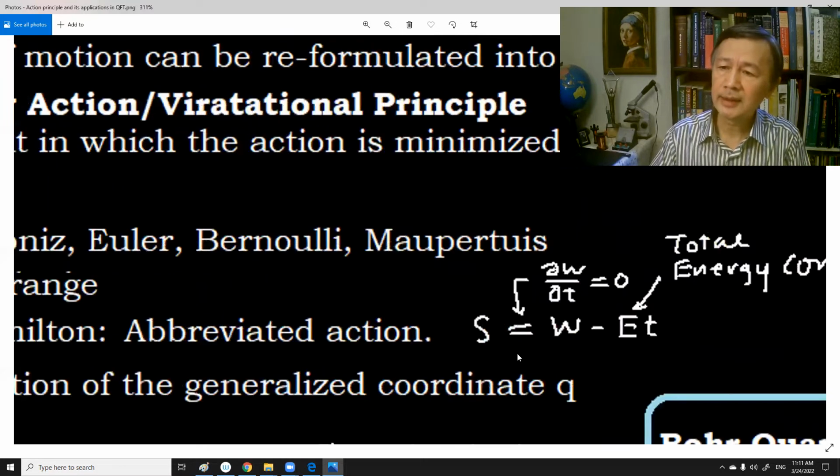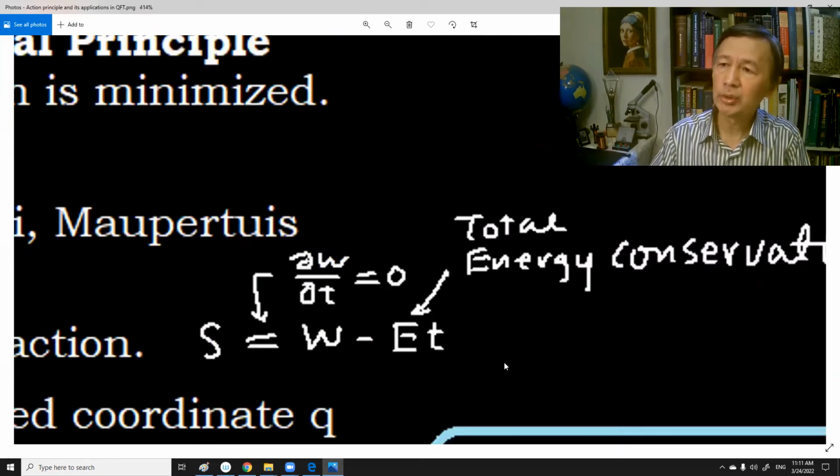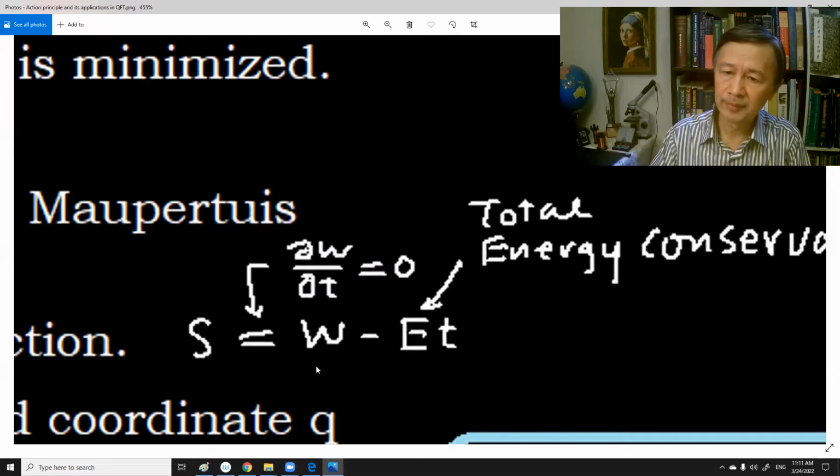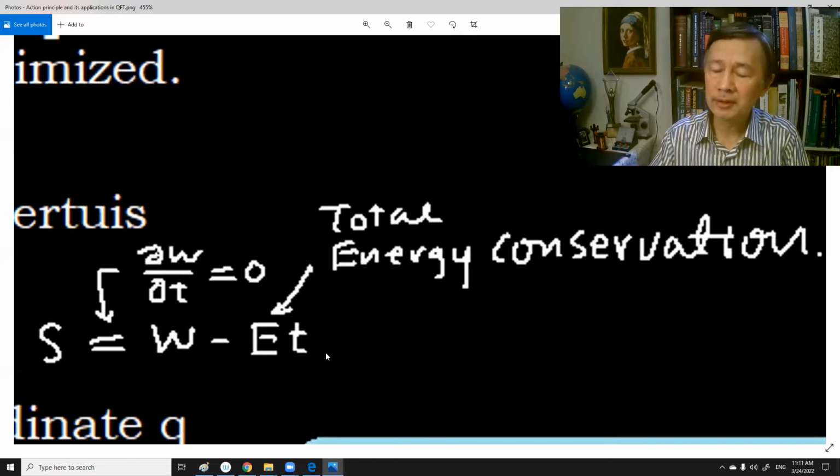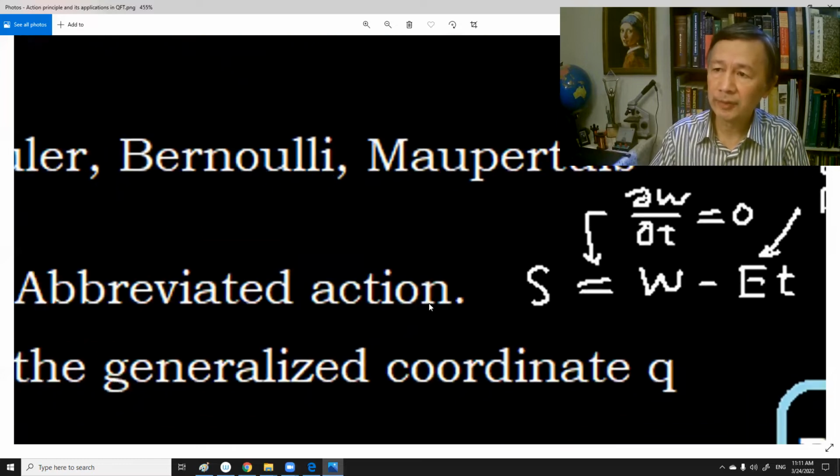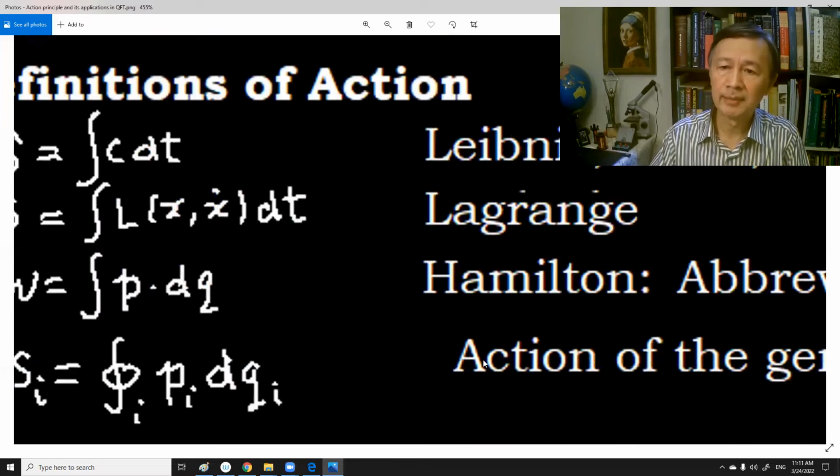And this W is related to the action S in this equation. So you have to consider a system where the energy is conserved. The action is equal to W minus the total energy, which is a constant, multiplied by the time taken. So this W is slightly different from the action defined by Lagrange.